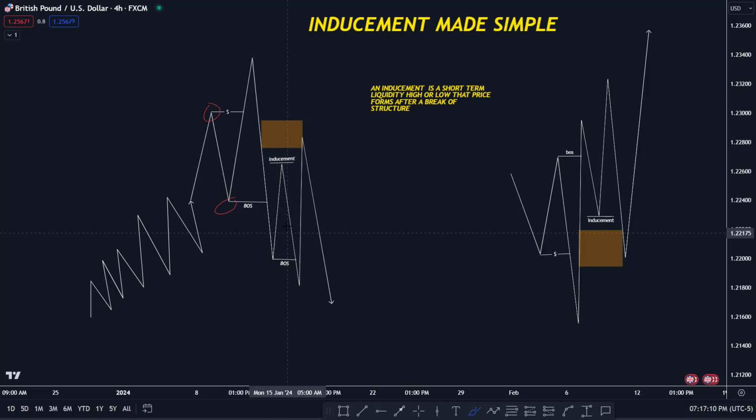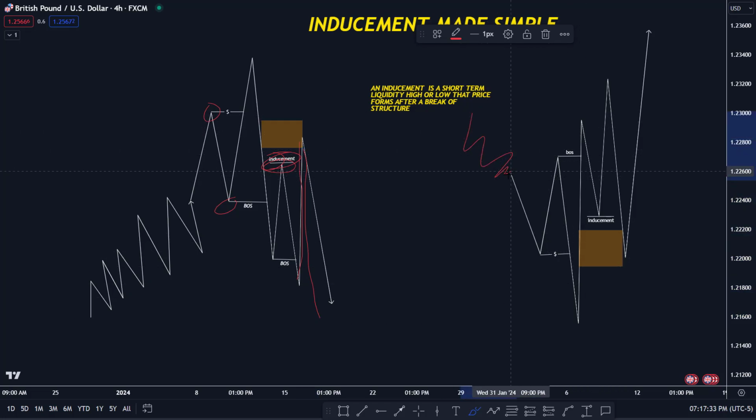But we'll be waiting for this short-term high to be created and then give us a second breakup structure confirming our inducement. After our second breakup structure has been created, price will then come back up, sweep that inducement, take the liquidity from that, and then tap into our point of interest to then push back lower.